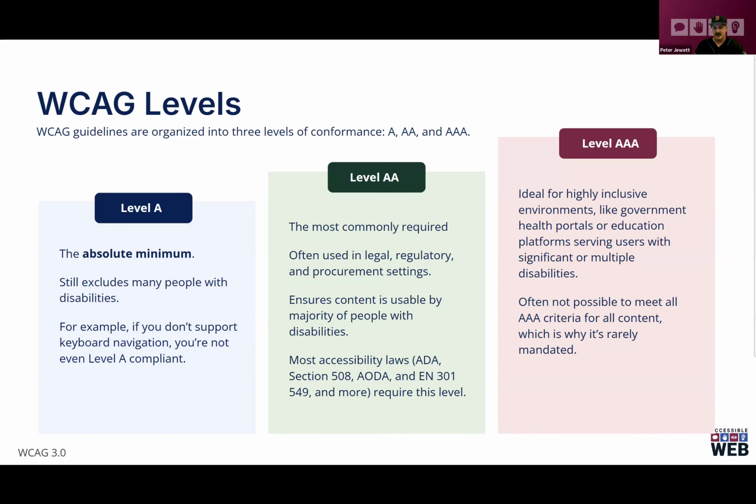This is what we're often auditing towards and helping our clients achieve. The goal here is it strikes a balance between broad accessibility and feasibility. Meeting level AA ensures content is usable by a large majority of people with disabilities, and most accessibility compliance laws, including the ADA, Section 508, AODA, and EN 301549 in Europe, require conformance at this level.